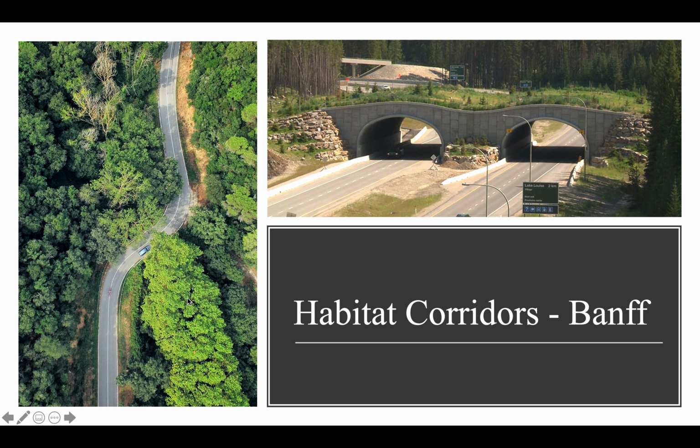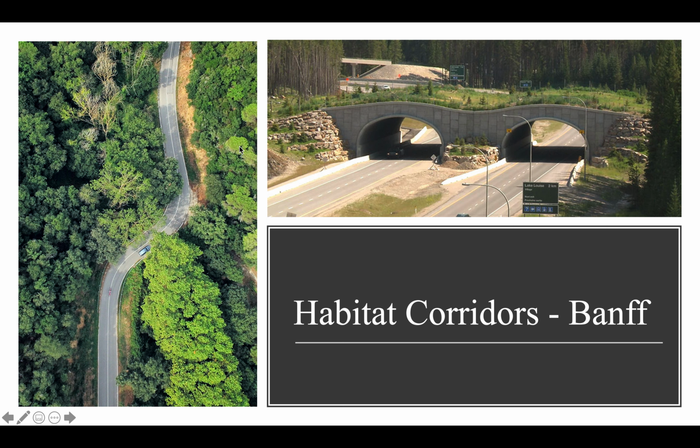This on the left isn't a map of Banff, but it's just an example. You can see in this photo there's a large fence that goes all the way along the highway to protect the wildlife. However, that also separates the species that live in the park. There may be breeding pairs that live on this side and on this side, and that can create a whole bunch of problems when they're not able to intermingle.